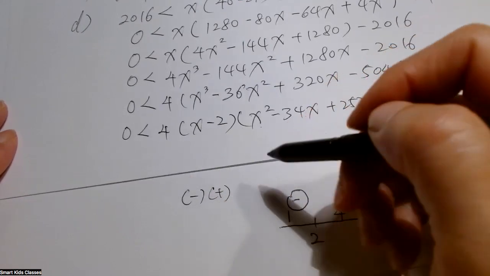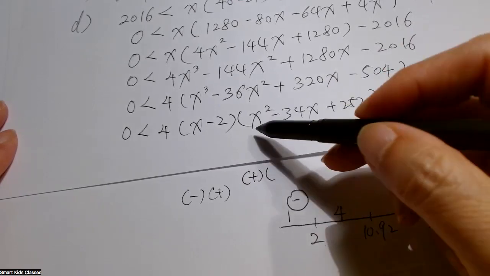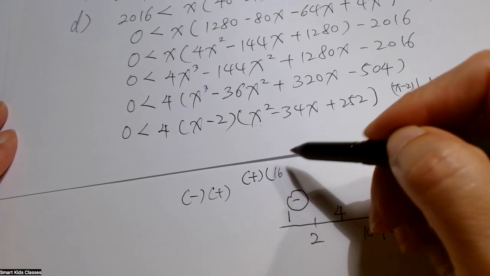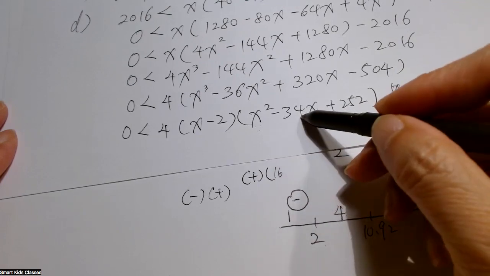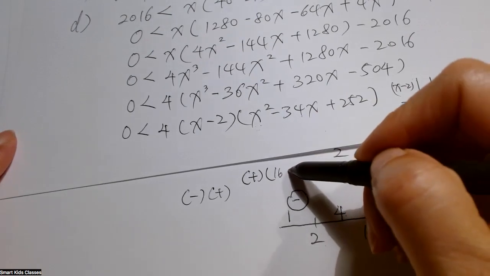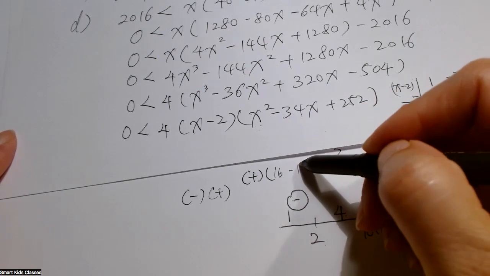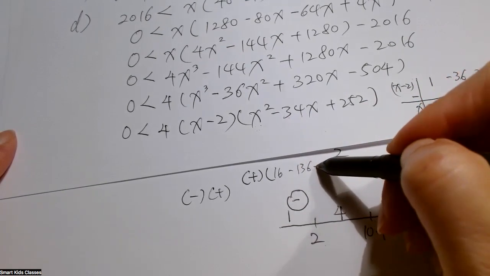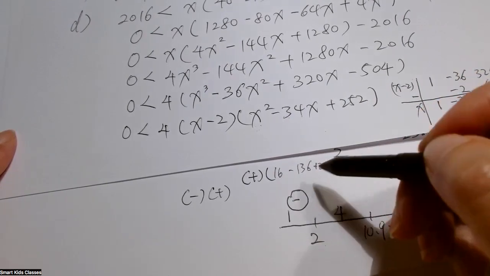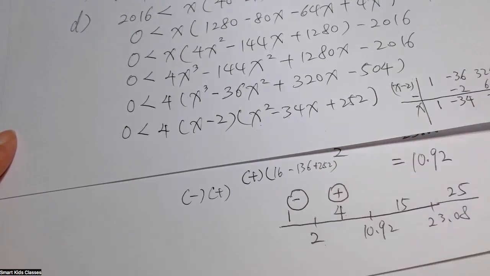The first bracket we got is a positive. The second one, 4 times 4 is 16. So we put 16 here. And 4 times 34 is 136, and minus 252 is negative 8. So we know it's a positive overall, therefore we get positive here.